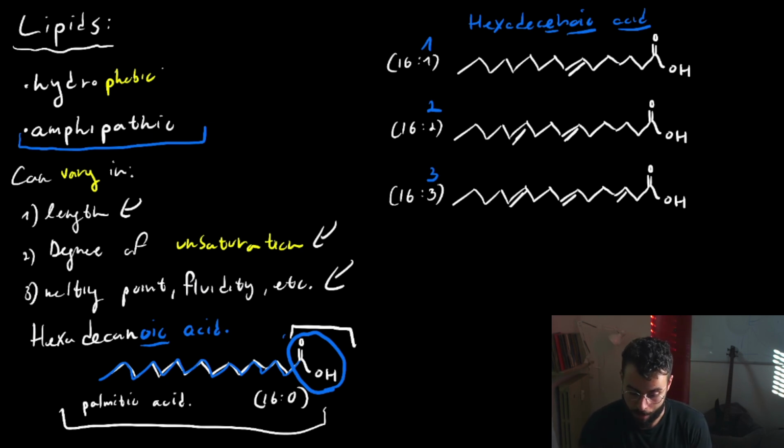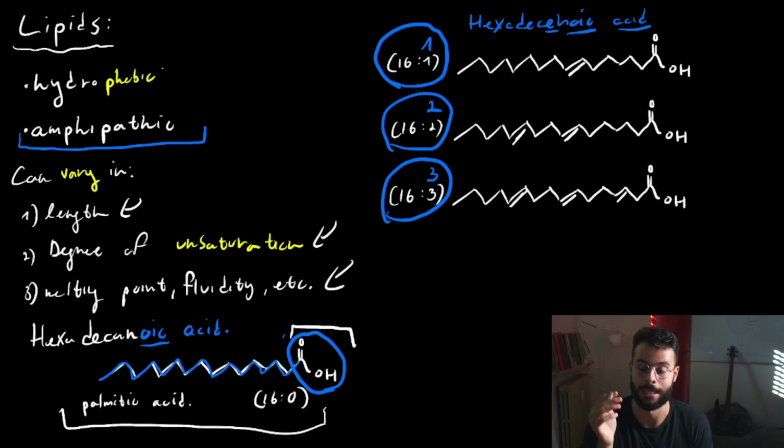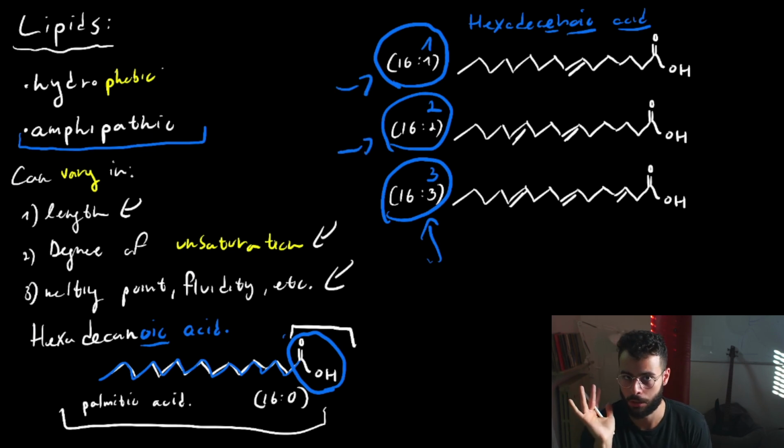One last thing to mention is, do you see the following way to write the ratio between the amount of carbons you have in the backbone and the double or triple bonds? It's a very important and well-known way to write and mention any fatty acid composition. So remember the following way to write it.